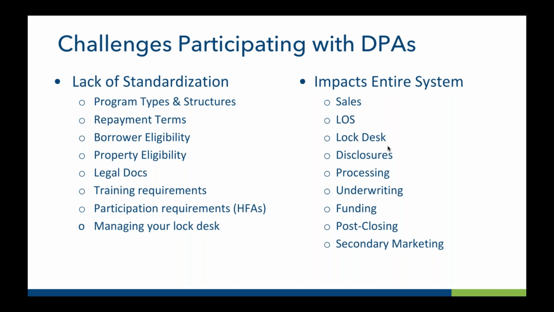Borrower eligibility and property eligibility requirements can differ from program to program, or even across a set of programs from the same program provider. And then, of course, there's a myriad of nuances and variations among legal docs. There are training requirements, but there's also no standardization in terms of the training material and contents that are provided by any two DPA providers.